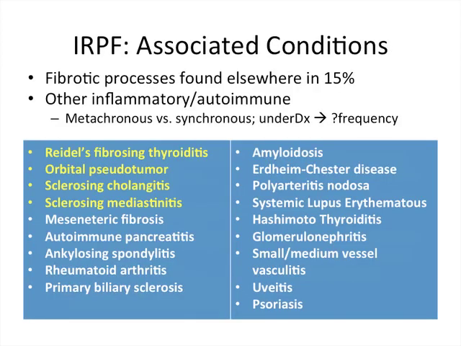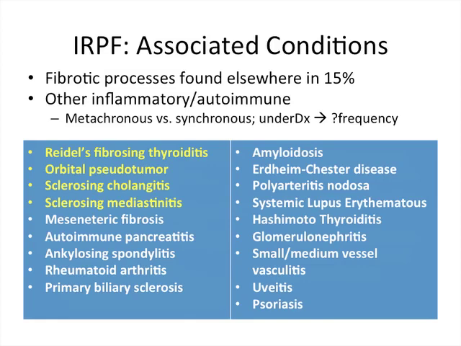This is kind of a busy slide, but it does demonstrate some of the associated fibrotic conditions. The four highlighted in yellow share a common etiology, it's felt, with retroperitoneal fibrosis, and if found together make up a more rare syndrome of multifocal fibrosclerosis.